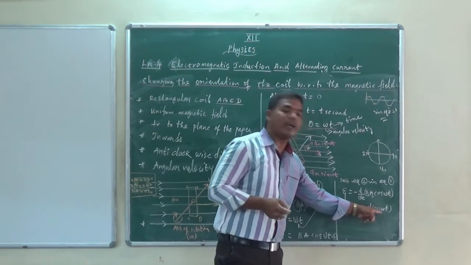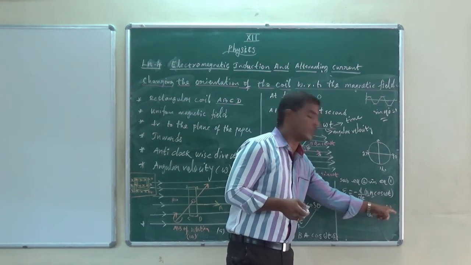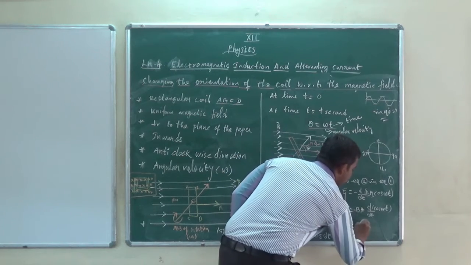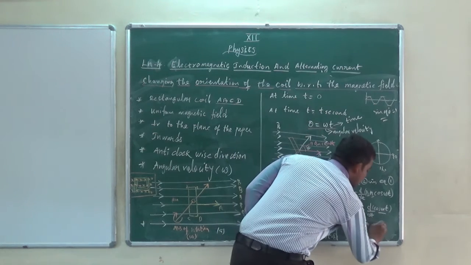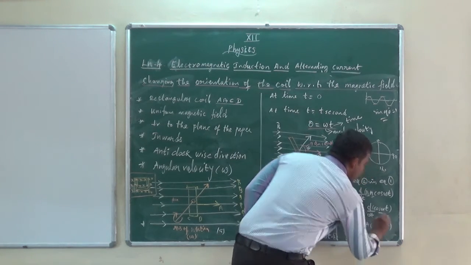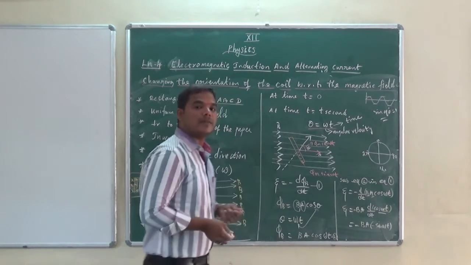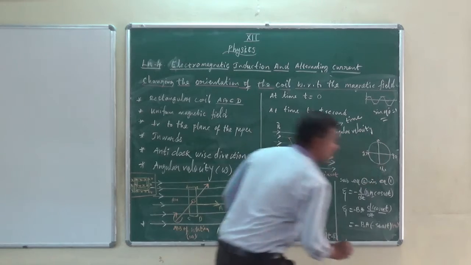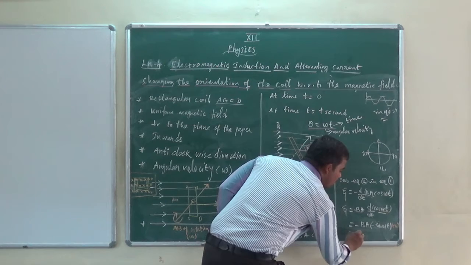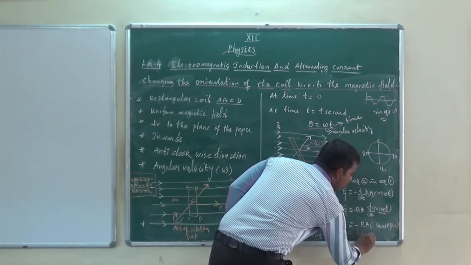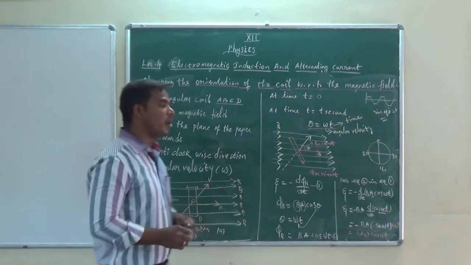The differentiation of cos is minus sin, and omega t with respect to time gives omega. So minus into minus is plus: BA omega sin omega t.